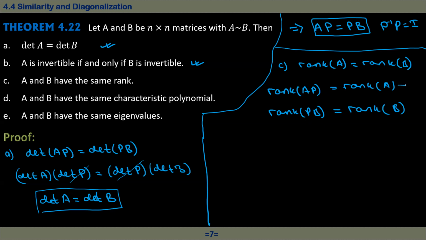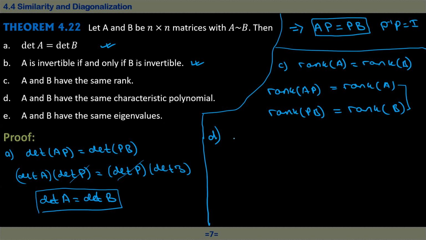Combining these two facts, we see that the rank of AP is equal to the rank of PB, which means that the rank of A is equal to the rank of B. And how about part D? A and B have the same characteristic polynomial. That means the characteristic polynomial of A and the characteristic polynomial of B are exactly the same polynomial.